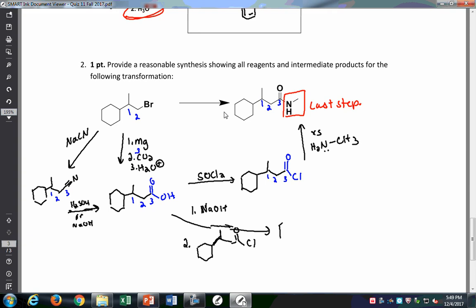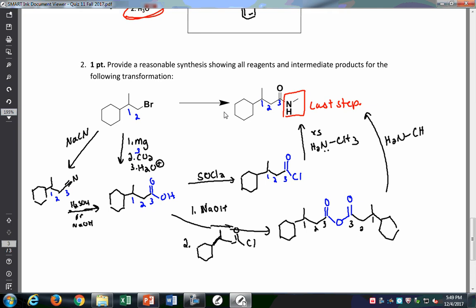Then you can form the anhydride. And we want that symmetric anhydride. And then again, we can react that with H2NCH3.